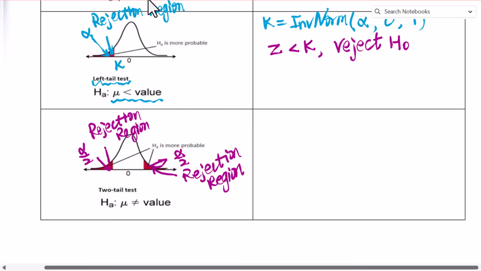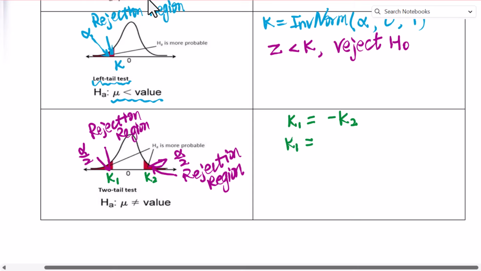We will have two critical values labeled as k1 and k2. Basically, k1 equals the opposite of k2, or k2 is the opposite of k1.